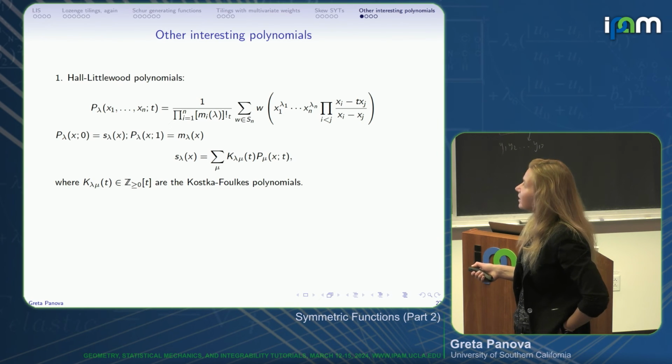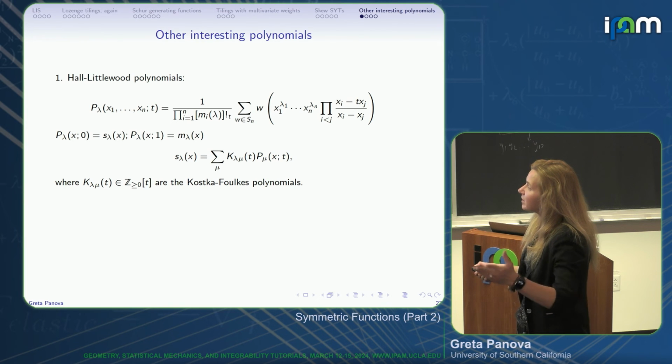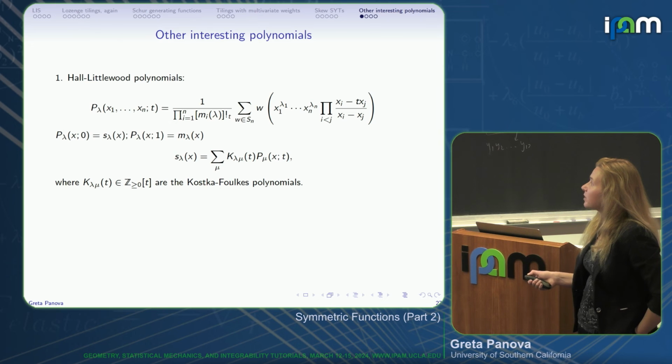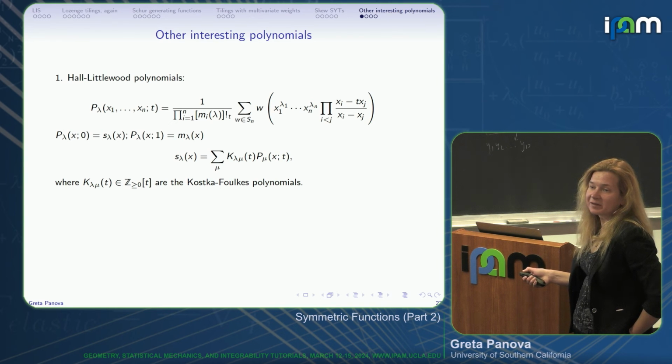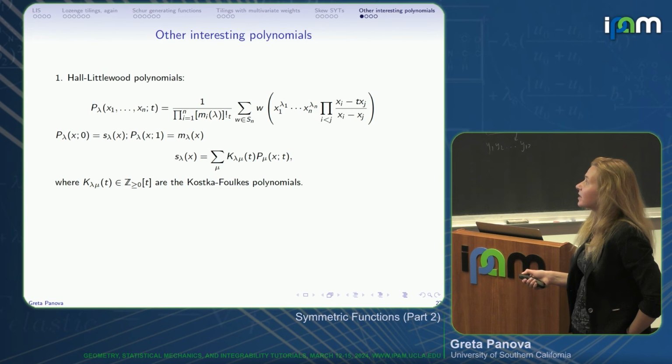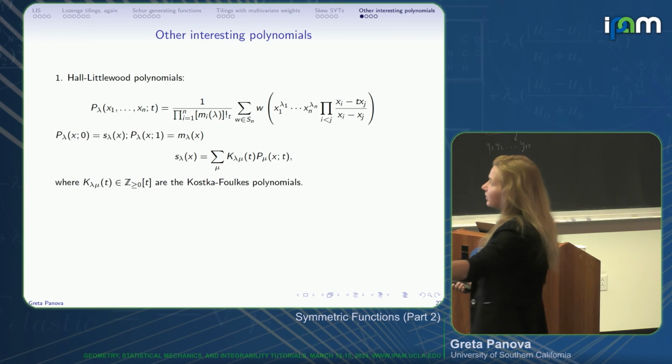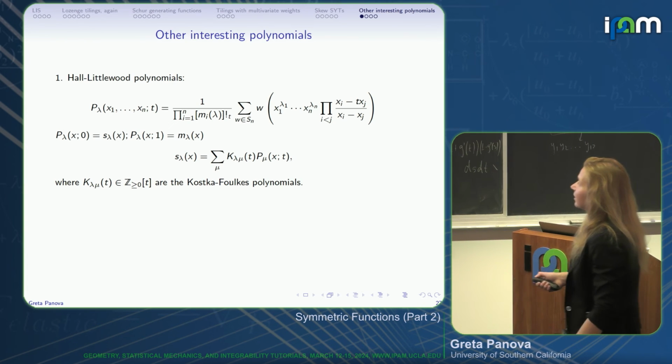If you write it in terms of expanding the determinant as a sum over permutations. If t is 1, then these are just going to be the monomial symmetric functions, because this factor is going to cancel out all the repeating monomials. So this function interpolates between Schur functions and monomials.